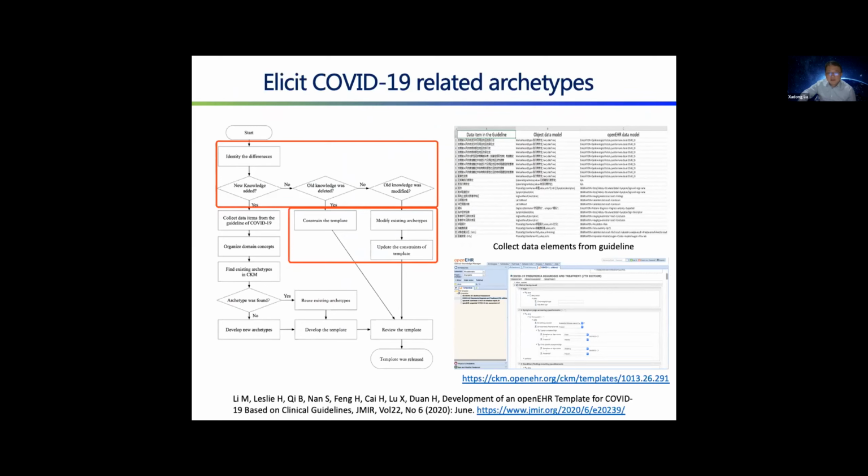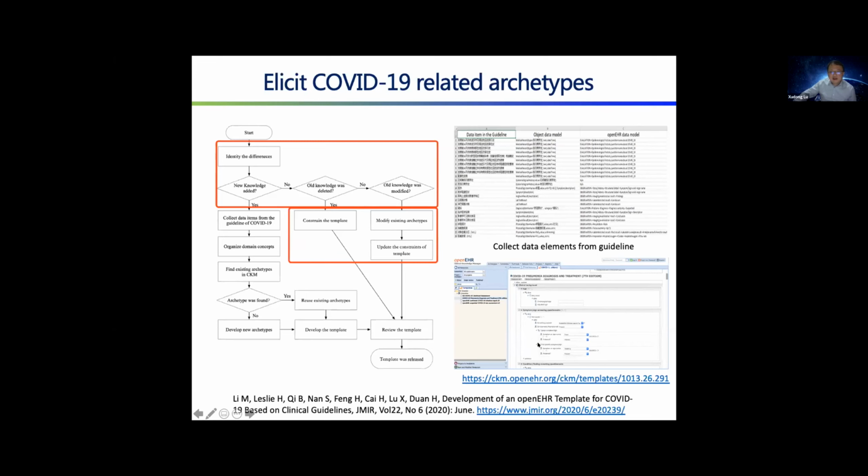The main point is that there are very good knowledge bases of openEHR archetypes. The Clinical Knowledge Manager is open and shared on the internet. So at first we find the already agreed and shared openEHR archetypes from the CKM, and if there are existing archetypes, we just directly use them.